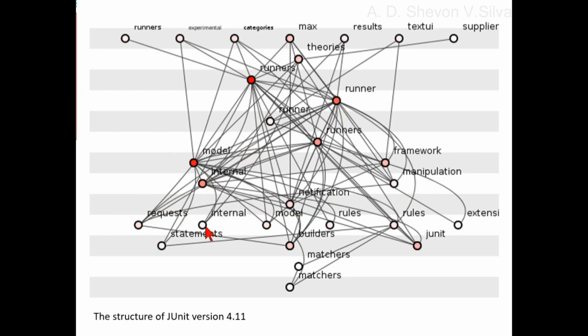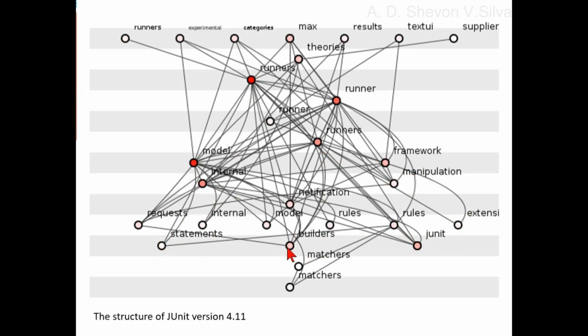Here internal interacts with theories, model, and here model interacts with notification, model, and here rules interacts with model and runners, and with statements, JUnit, and here external extension interacts with framework, runners, and here statement interacts with rules, model and runners.